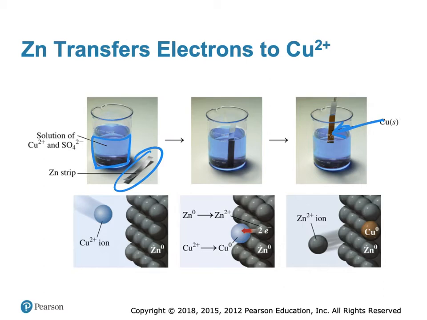So these copper ions, in the presence of this zinc metal, you're going to have a transfer of electrons, so that the zinc is going to lose 2 electrons, and copper is going to pick up those 2 electrons to form neutral copper that you see depositing on that metal strip.